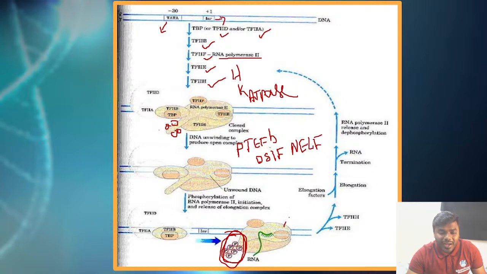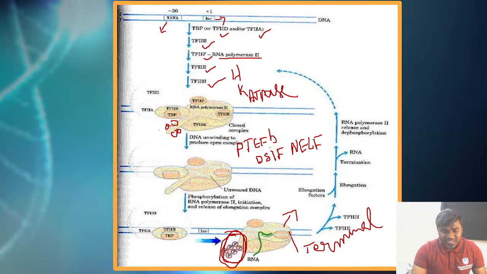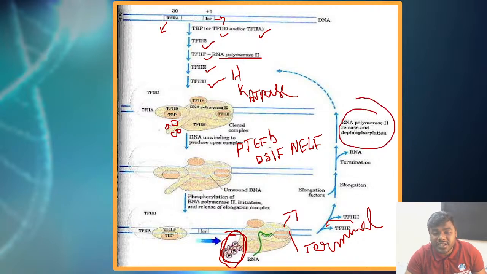Listen, friends, whenever RNA polymerase enzyme reaches the termination site, what will happen? Once it reaches the termination site, all of you look into this, transcription factor 2F will get dissociated. And what is the point happening?